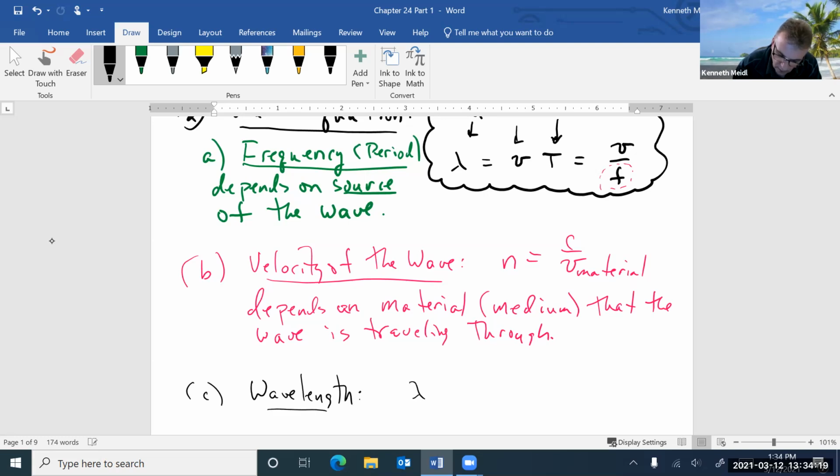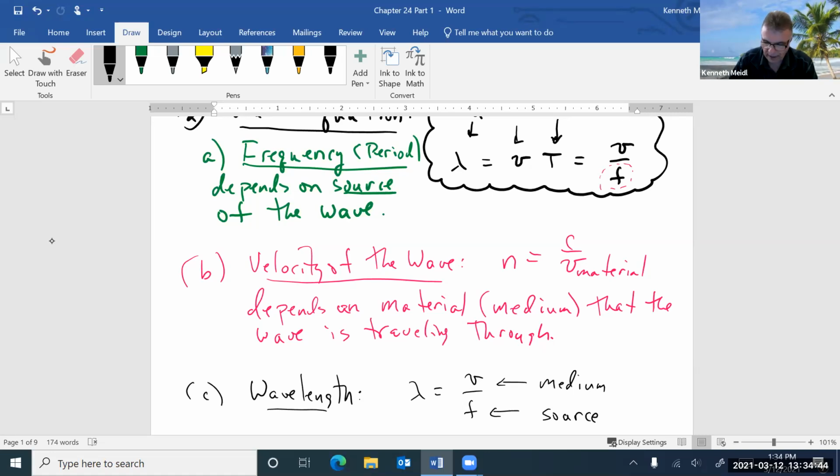And so take a look here. The wavelength equals the velocity over the frequency, and that velocity depends on the medium. And this frequency depends on the source that created the wave. And so the wavelength really is dependent upon both of those things, right? Because the velocity is dependent on one, the source is really creating the frequency of the wave.